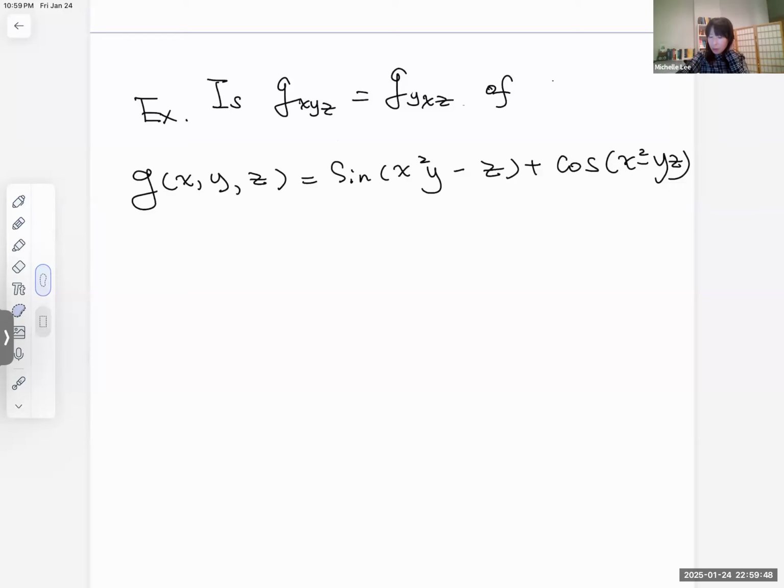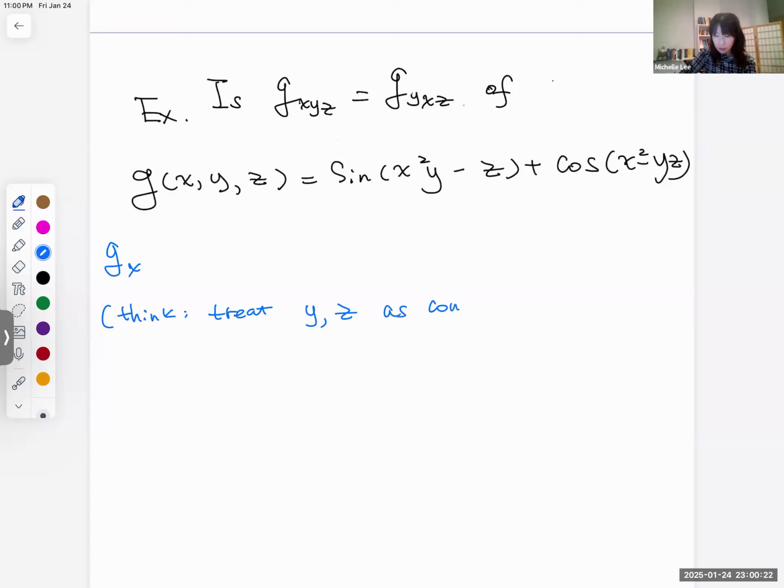Okay, so this is the question. So is this function partial derivative of x first, then y second, z third is the same as y first, x second, z third, right? So let's do it. So let's do partial derivative with respect to x first, then treat y, z as a constant, right?